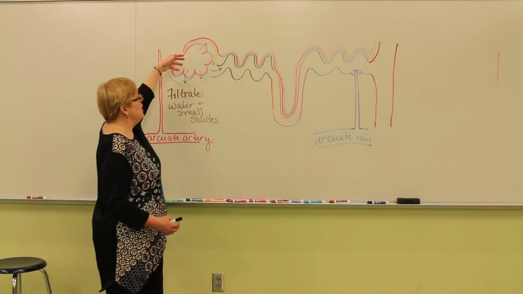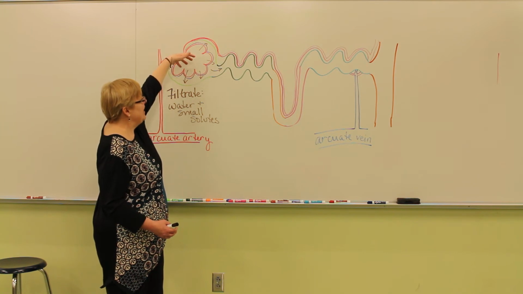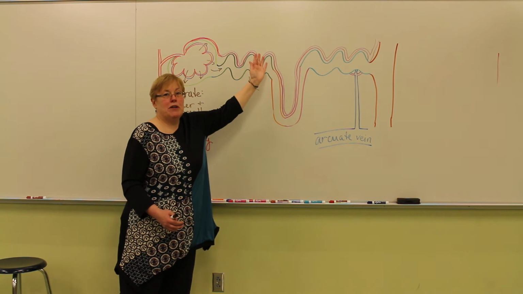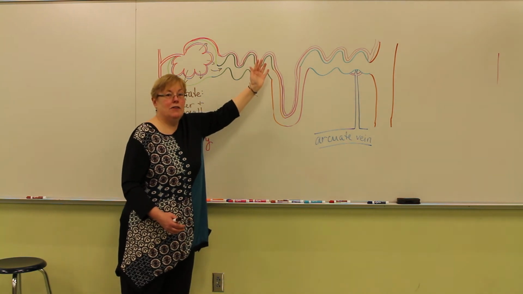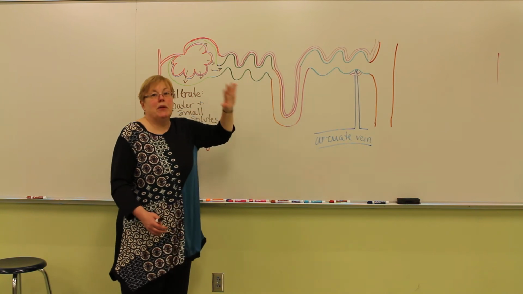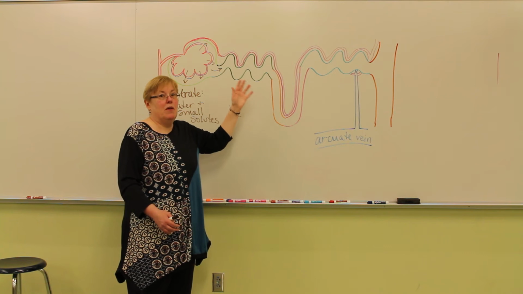So if we are having materials filtered and we want those back, they're going to leave from the glomerulus and they're going to return to the blood by going into the peritubular capillaries. Again, remember, the peritubular capillaries are like the venous end of our capillary in a typical capillary bed.